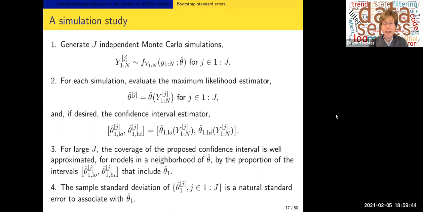And in a similar way, you can take the standard deviation of these re-estimated parameters as a natural standard error representing the chance variability in the parameter estimate in a neighborhood of the MLE.